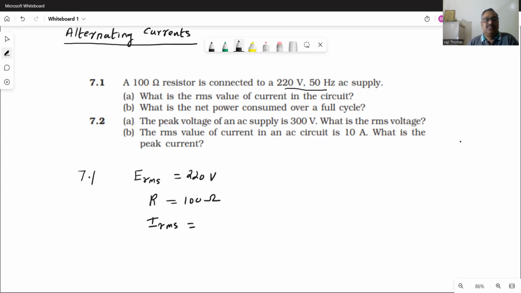IRMS equals ERMS by resistance. This circuit contains only a resistor. So ERMS is 220 volt divided by resistance 100 ohm. So you are getting 2.2 ampere. This is the RMS current.